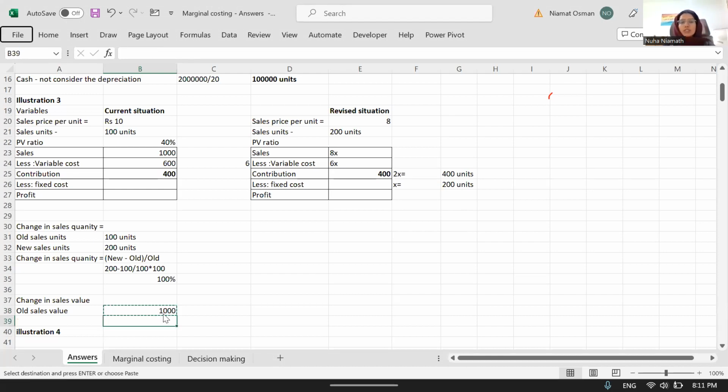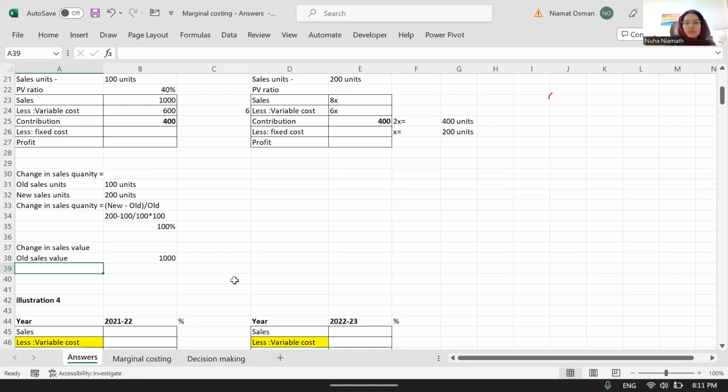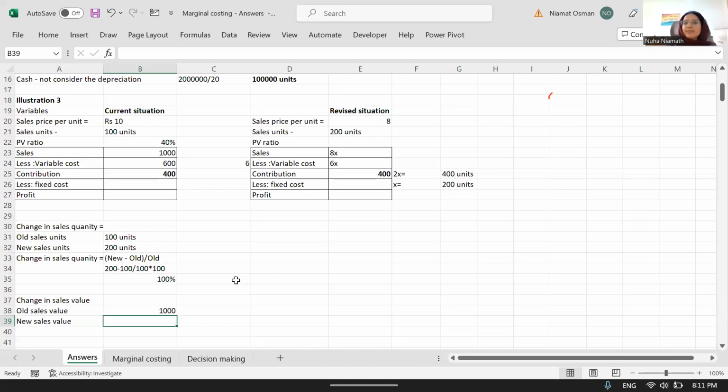This is my old sales. What is my new sales? Can somebody tell me what is my new sales as per our example? Thank you. 1600, which is 8 rupees into 200 units. 1600.